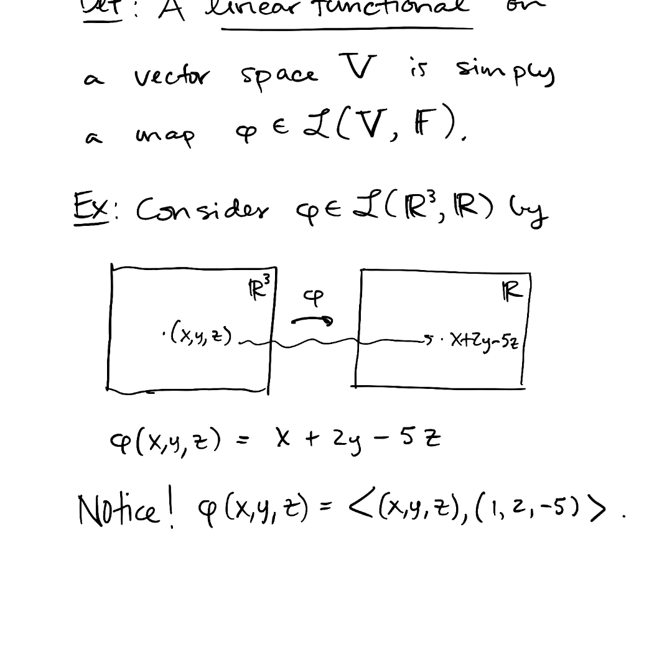So even though phi had this formula that looked like kind of an algebraic formula, phi was really just inner product with the vector 1, 2, -5 in disguise.